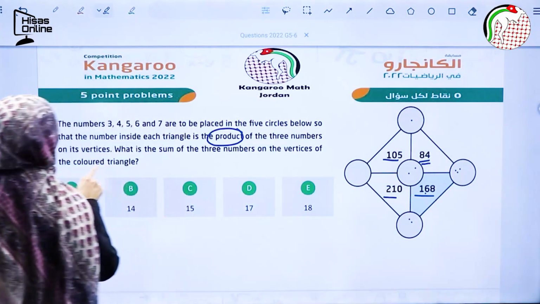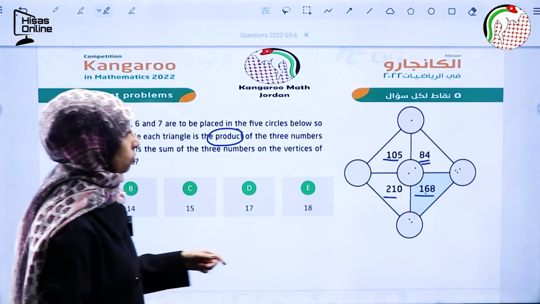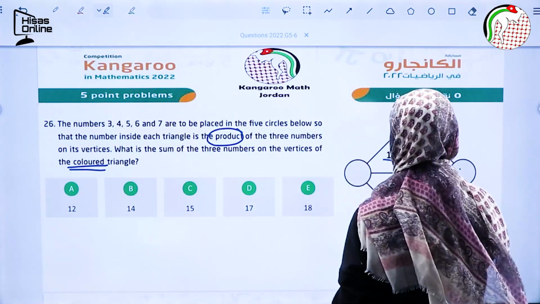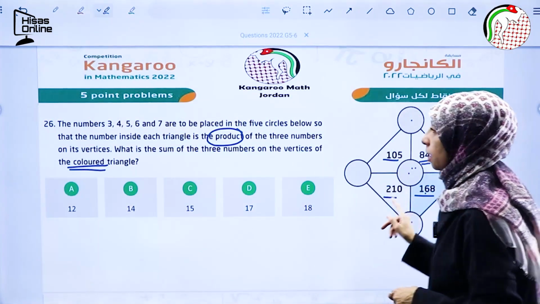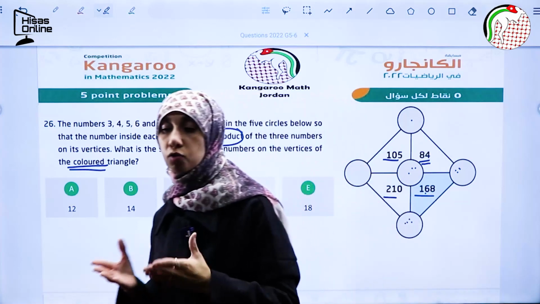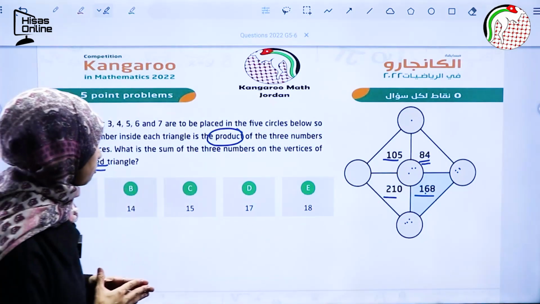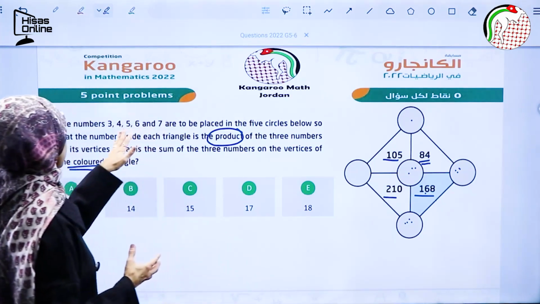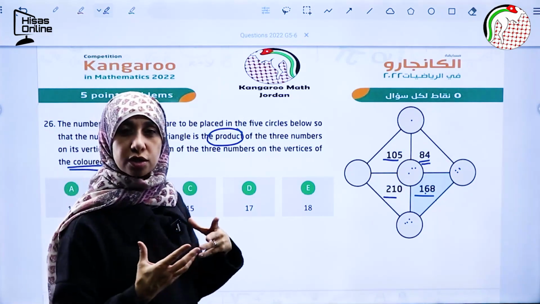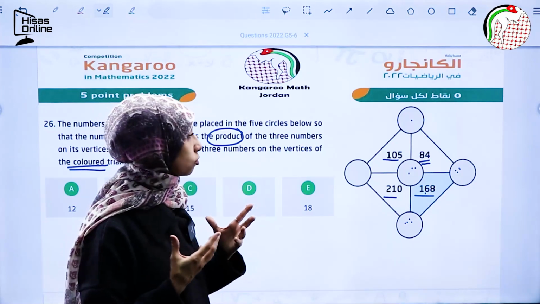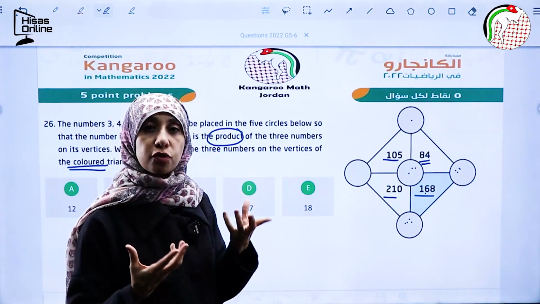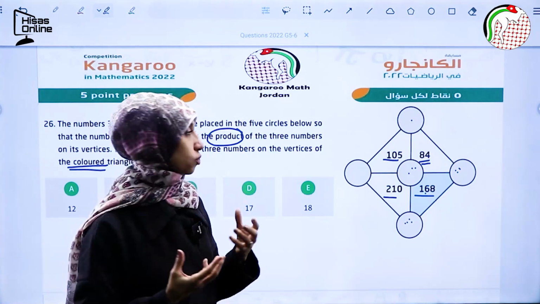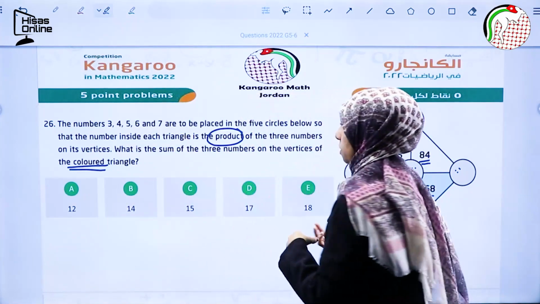So in order to find those numbers, we need to find the numbers here, and we have to add them in order to find what will be the sum. Let's see here. I have numbers 7, 6, and we are talking about product. So in this case, you need to try to find the divisibility rules. You need to use them.